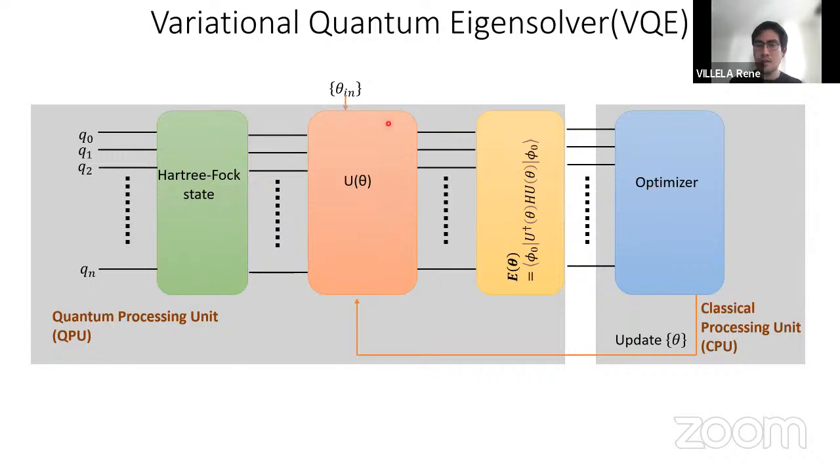And this is going to be a cycle until we reach a desired level of accuracy, until we reach the minimum of the function ideally, and we get a solution for our problem with a final set of parameters that will give the minimum of our cost function, which will be the solution. And I haven't talked yet about what kind of operations we can consider. So this is what I'm going to consider next.